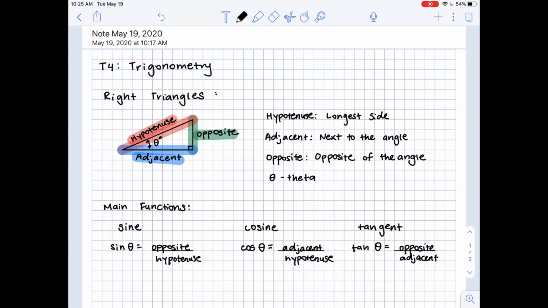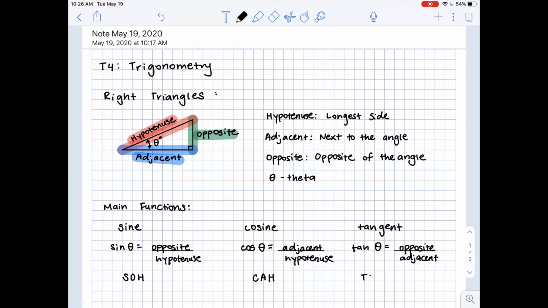Now, you may have heard of this before. To help us remember, sine of theta is equal to opposite over hypotenuse. Cosine is adjacent over hypotenuse.